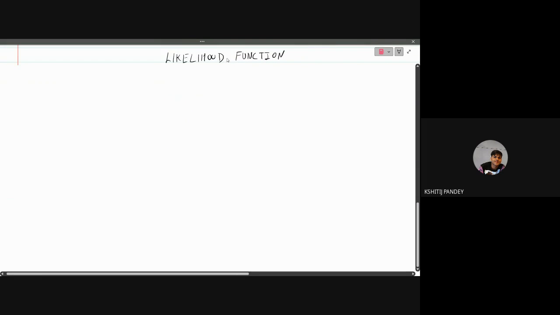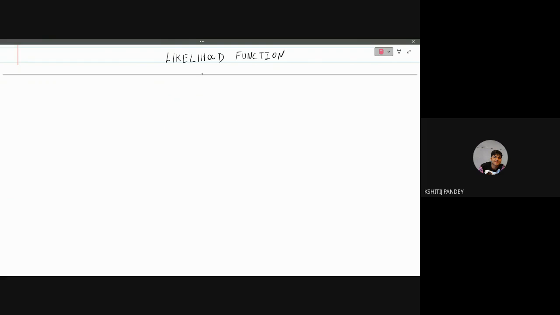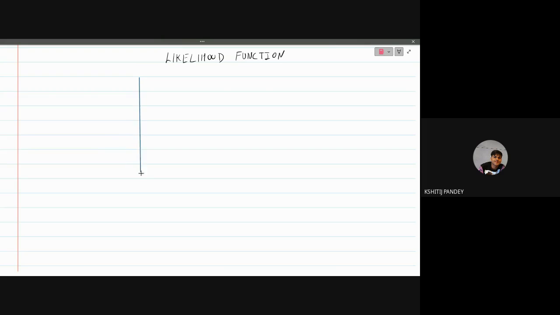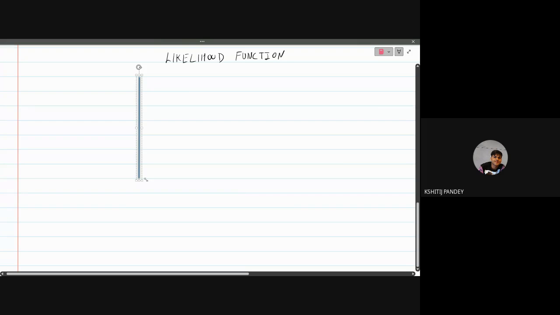So let us plot a graph of different values of p against the probability of that p generating the data.